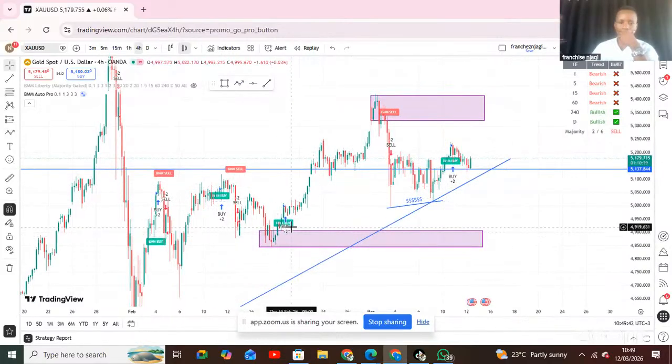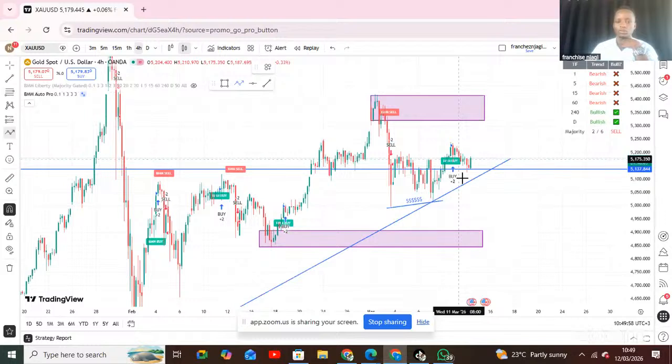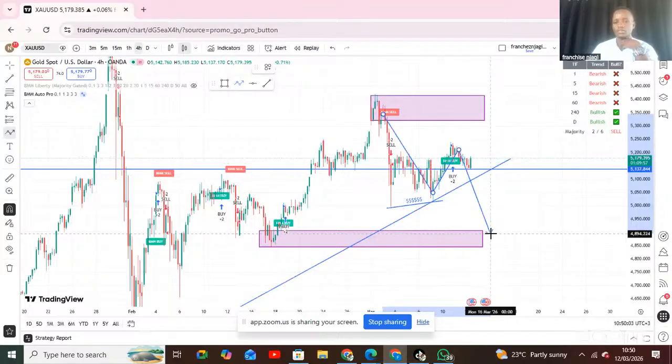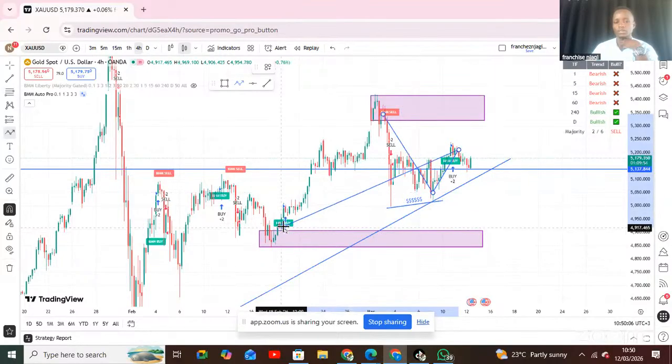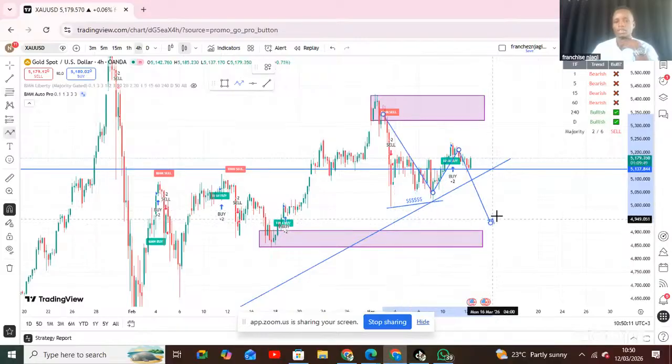On the 4 hour time frame, here we can see we have a support zone. This support zone will be respected, but it will have some manipulation. If the price comes, let's say it does this, it will come and respect this first support zone. You can see the first red candle, and then it tries to retrace a bit, and then it will come and manipulate people here.